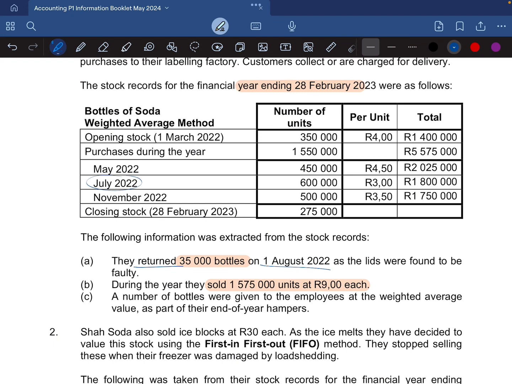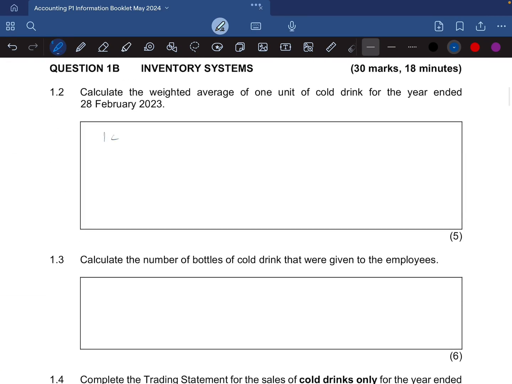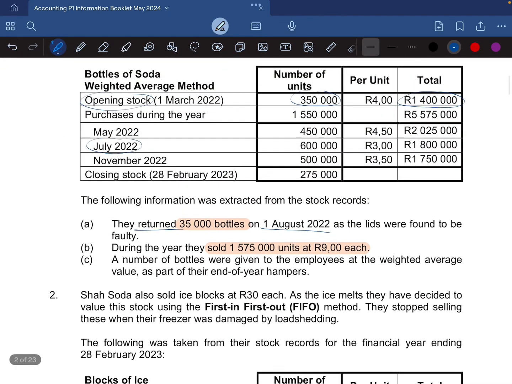So here we have our opening stock, and we know that for our opening stock, we had available units to sell of 350,000 and the cost was 1,400,000. So we're going to have 1,400,000 all over 350,000 units that we have had, plus our purchases, which were 1,550,000 units at a total of 5,575,000.